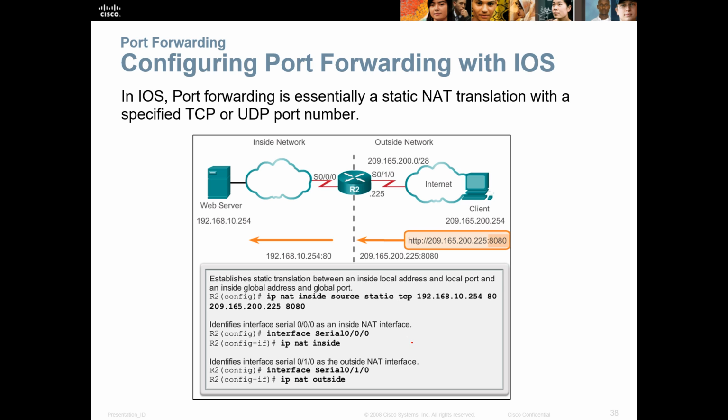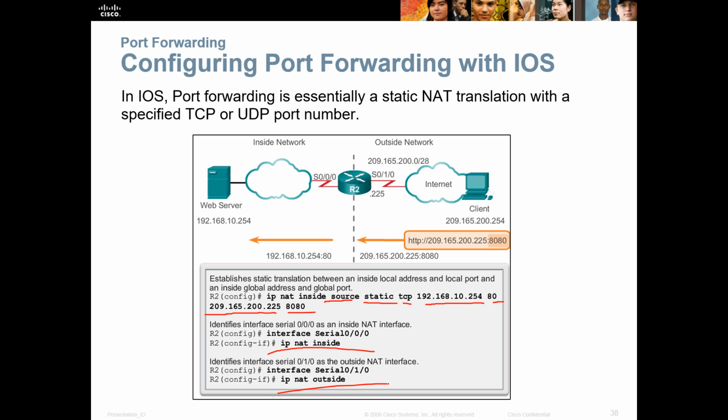If we want to set this up using Cisco IOS, again, pretty similar stuff. We can do ip nat inside source. We're not going to be doing a list. It will set up a static forward: protocol, internal address and port, external address and port.